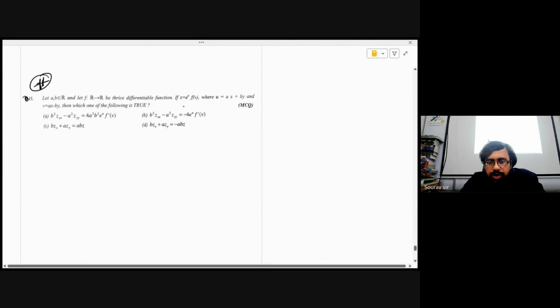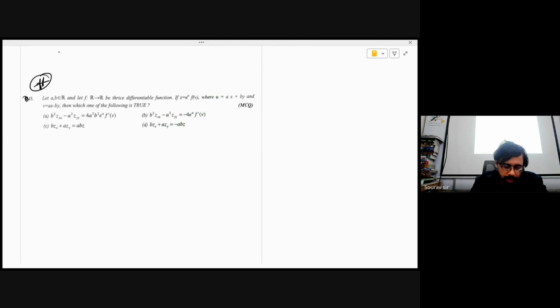Twice differentiable function z equal to e to the power u into f of v, where u equal to ax plus by and v equal to ax minus by, then which of the following is true? Very much direct question, but yet there is a twist. We will try to solve that twist. So z equal to e to the power u f of v. So del u del x, what is that?